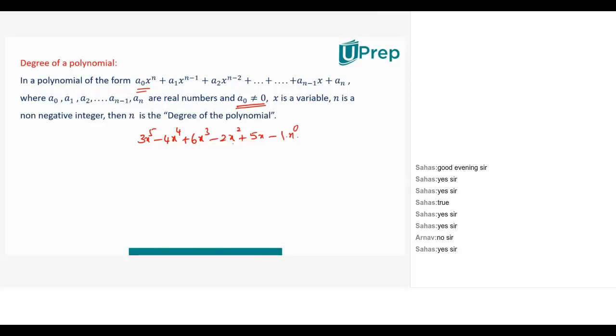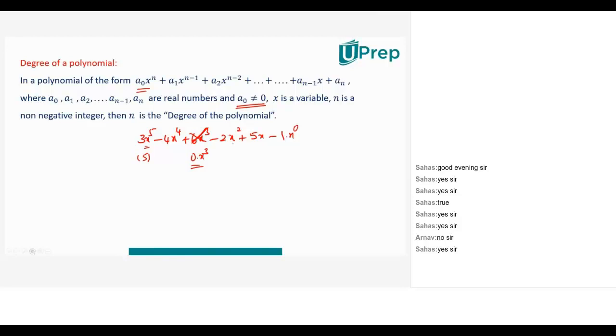So which is the highest power in this? Power is 5. Now what was my question yesterday: just now I told you, if there is a term missing, suppose there is no cubic term in this, what we used to do? Write it as 0 times x cube. If this term I did not give you, then you write 0 into x cube to bring it to a standard form, right?